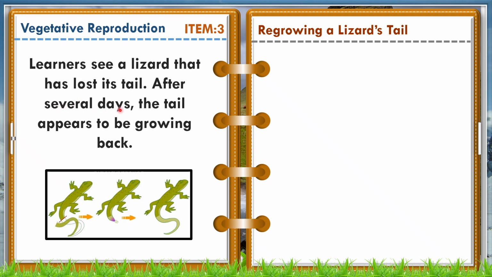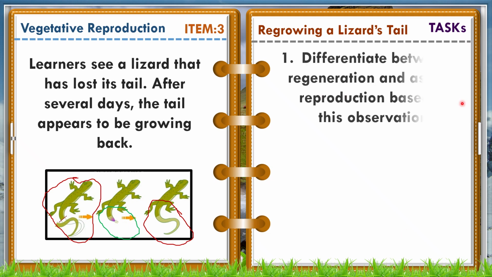After several days, the tail appears to be growing back. What you are seeing here, you have this lizard. It has lost its tail. When you look at the tail here, you see the tail trying to regrow. And here, it shows the tail has fully regrown.